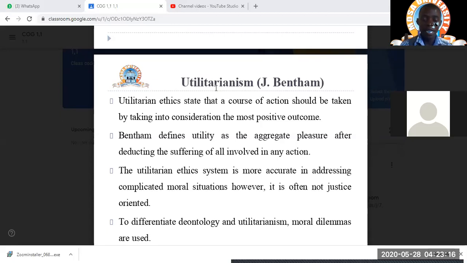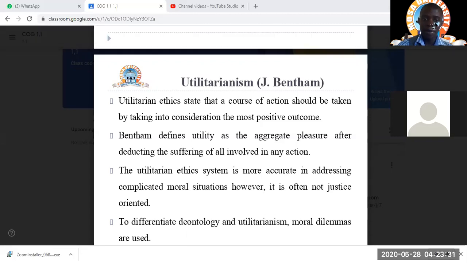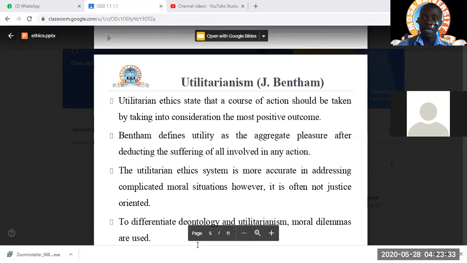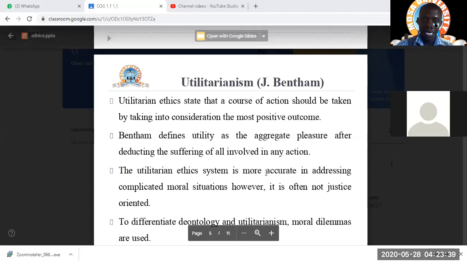Moral dilemmas are just situations in which one must immediately make a decision. So the basic difference between utilitarianism and deontology depends on the moral dilemma that has been used. To find out how these two differ, you are required to use a moral dilemma.